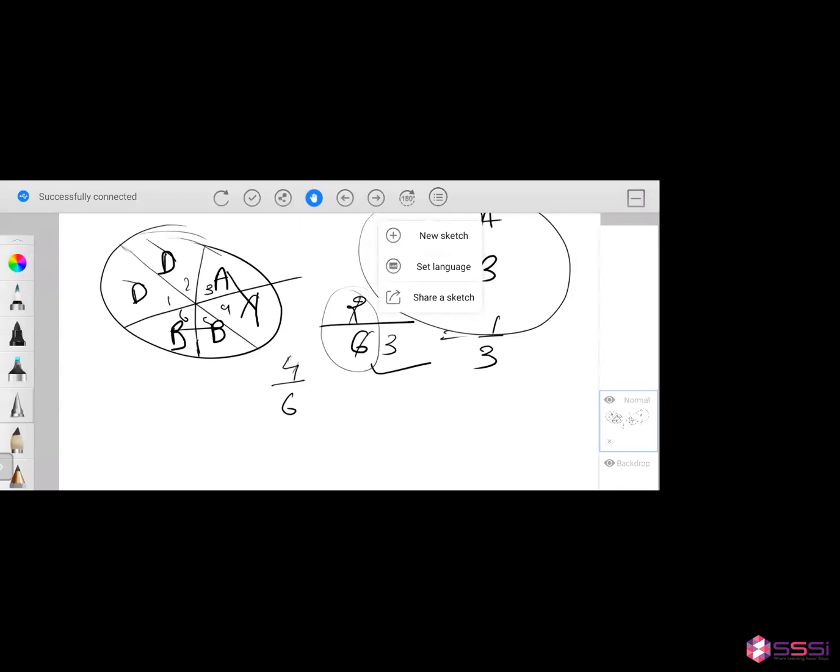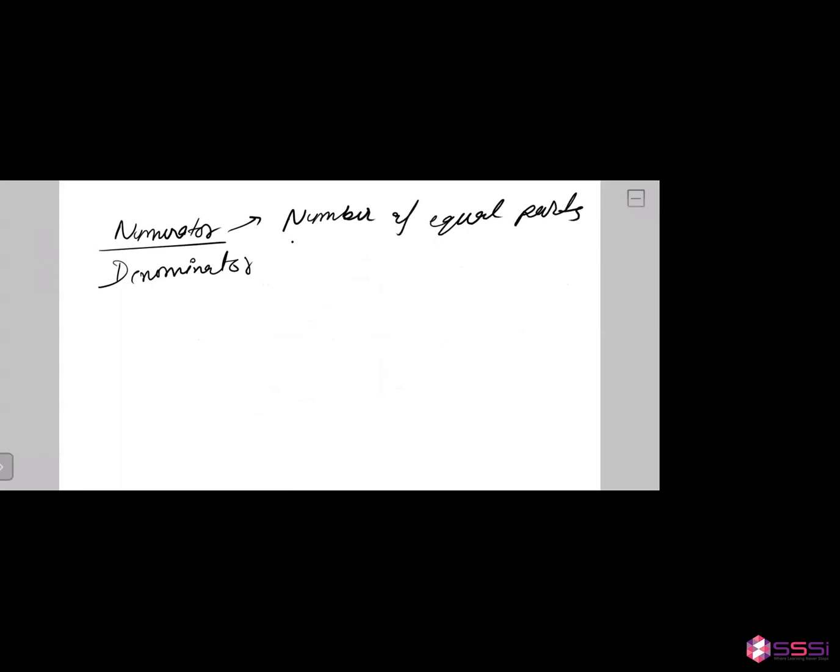Yes. So numerator over denominator. What is the numerator? The number of equal parts taken into consideration for a particular case.